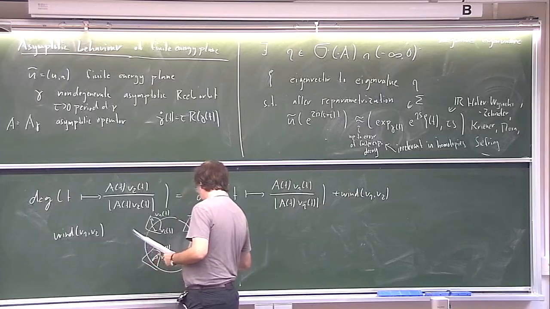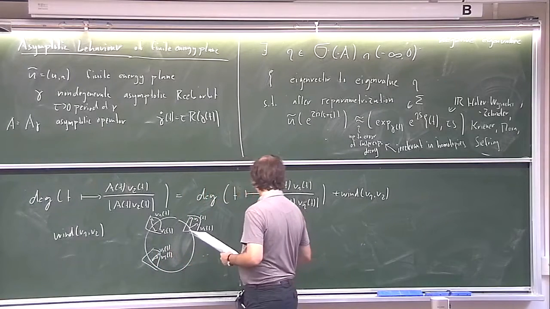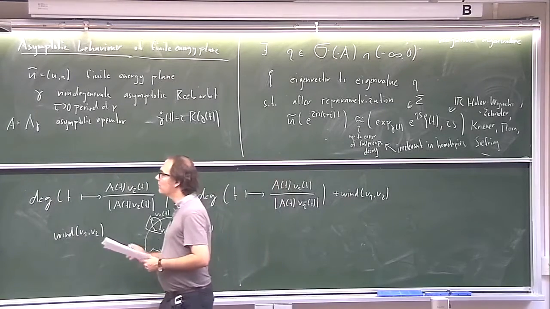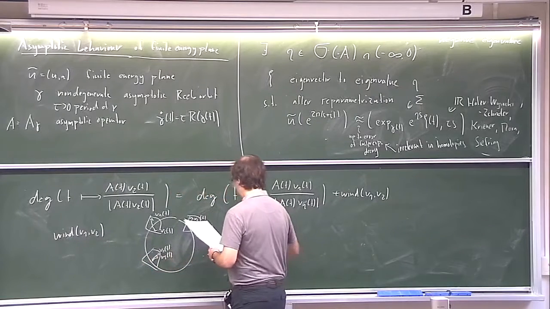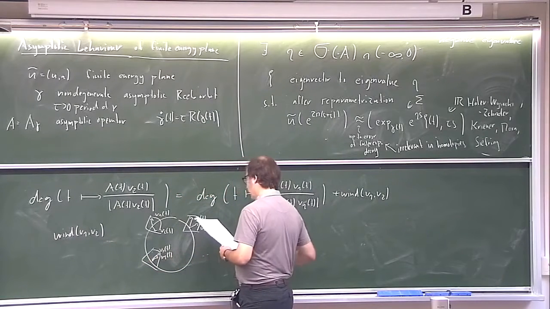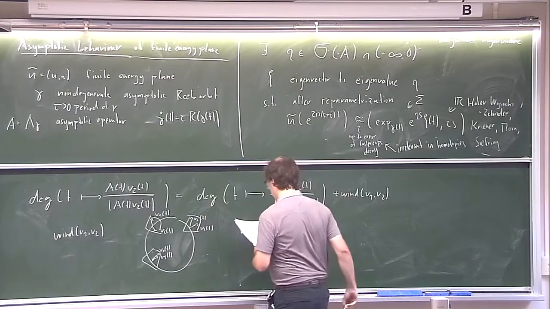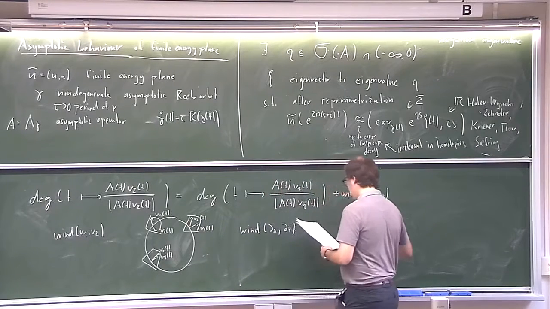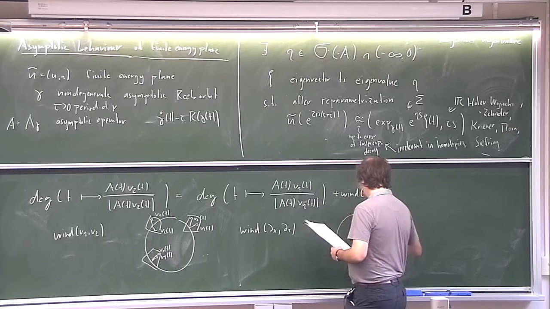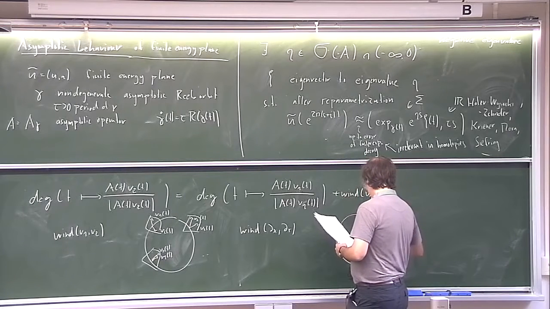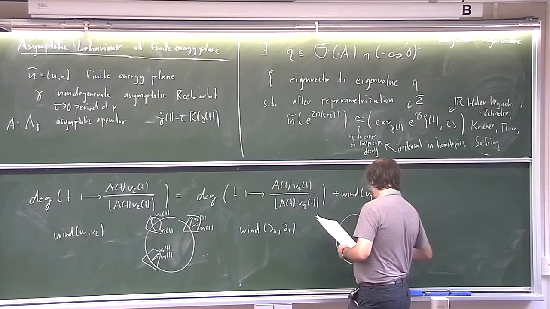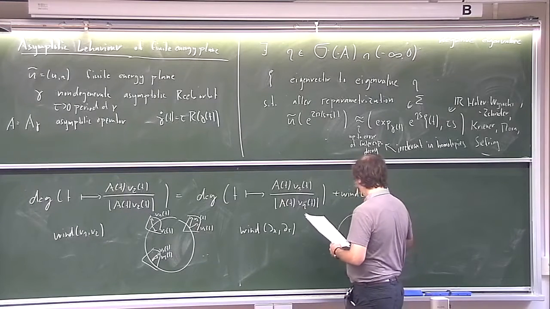And in particular, if we do this for dx and dr, so if you have the winding of dx, dr, then you see in this case here they are parallel.